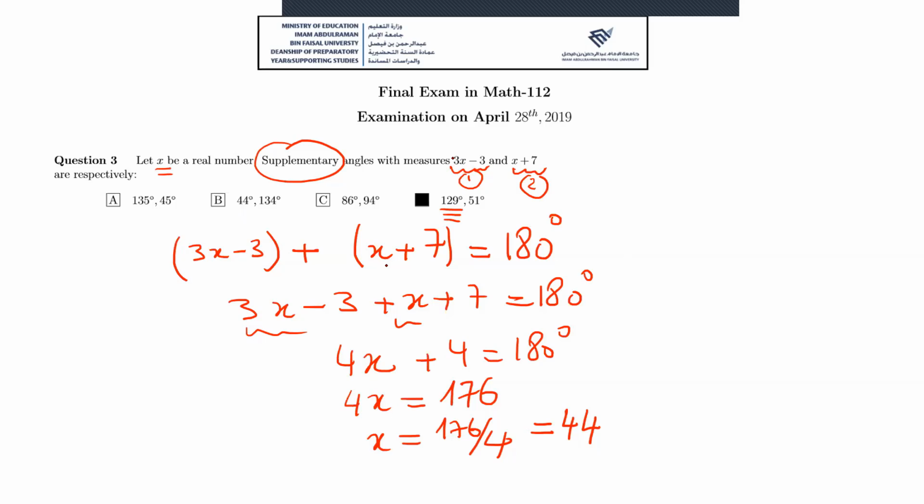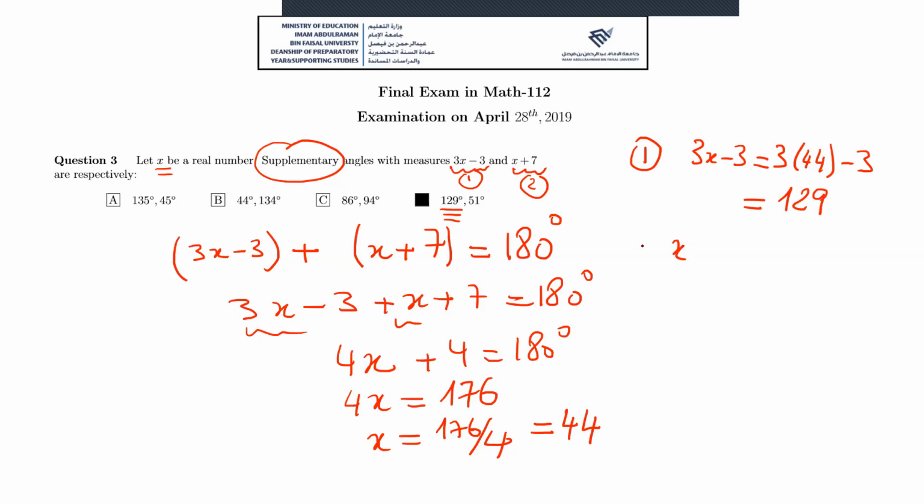Why? Because the angles are not x. We are not requested to find x here, but to find these two angles. So the angle 1 is 3x minus 3. Since x is 44, it's 3 times 44 minus 3, and this gives 129.